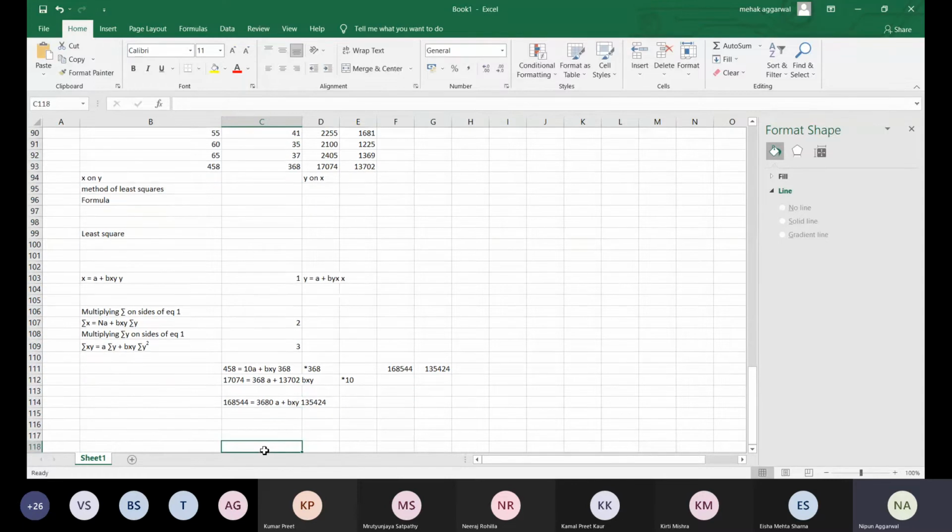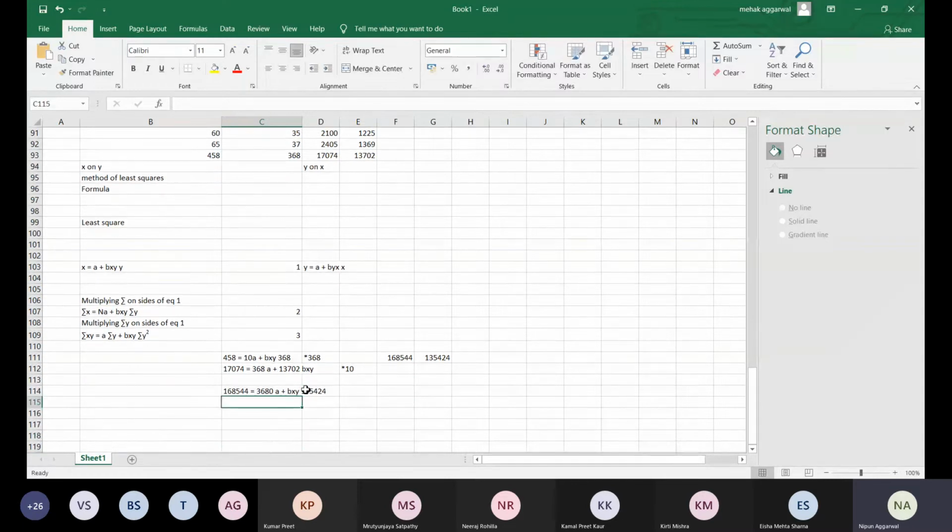So this becomes one equation. Another is by multiplying with 10. So this becomes 170740 is equal to 3680a plus bxy 137020. So this becomes your second equation.